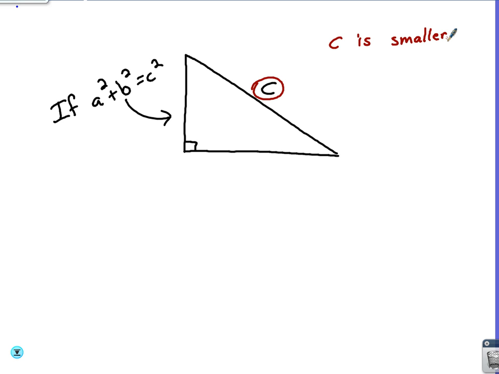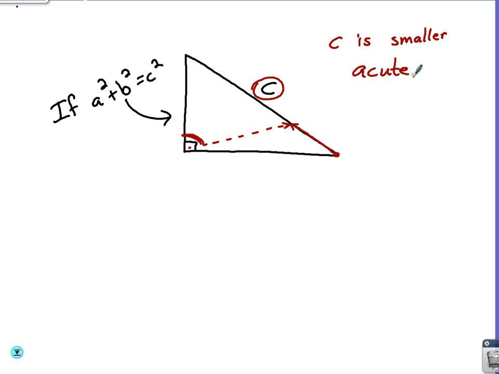Make c smaller, take this and shift it in. That's not a right triangle anymore. That's not a right angle anymore. It's now an acute angle. So if C is smaller, you have an acute triangle.